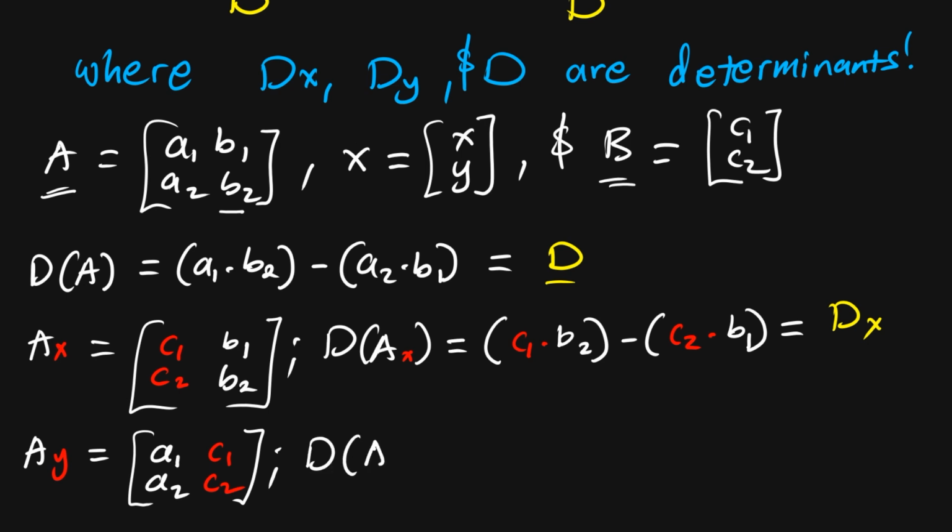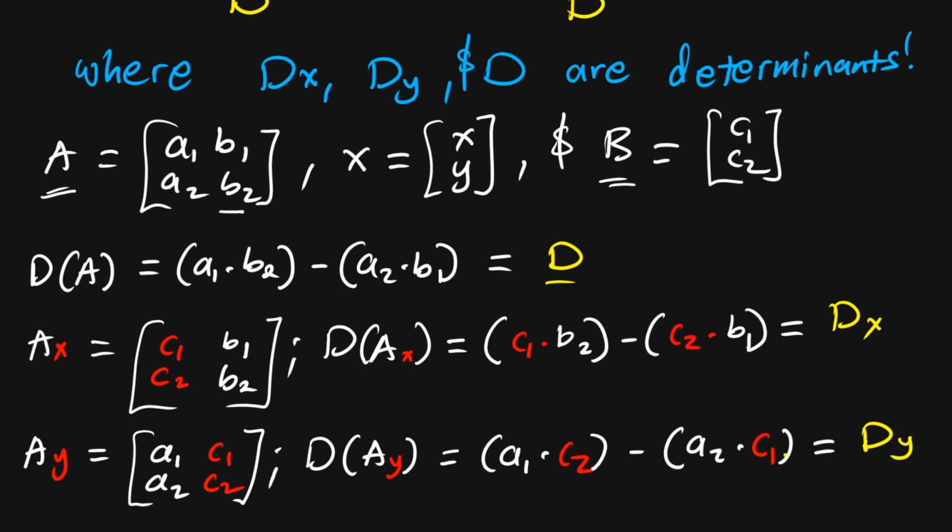The determinant of Ay will equal the product of elements on the major diagonal, which is a1 times c2, minus the product of elements on the minor diagonal, which is a2 times c1, and this will give us dy, the determinant dy.